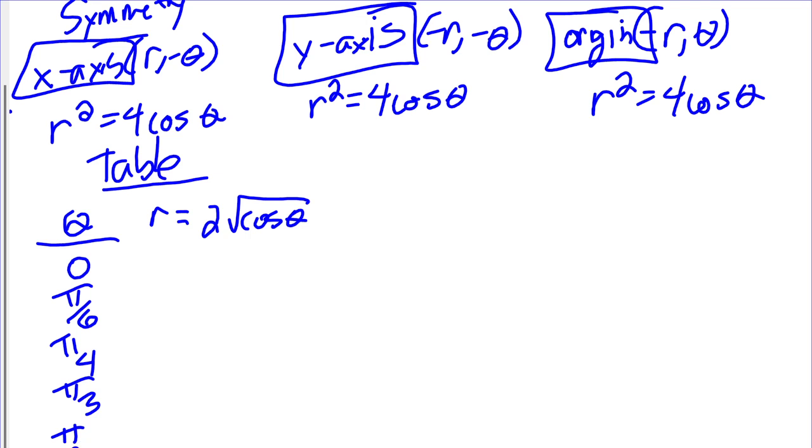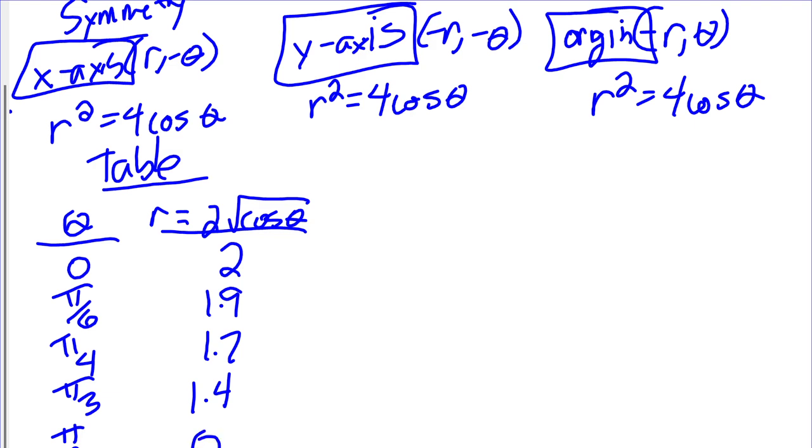So we're checking the main values in the first quadrant. When we plug those in, at 0 we're going to get 2. At 30 degrees, we're going to get 1.9. At 45 degrees, we're going to get 1.7. At 60, we're going to get 1.4. And then at pi halves, we're going to get 0.